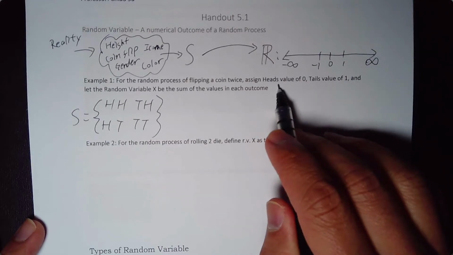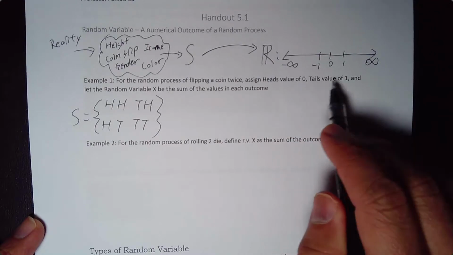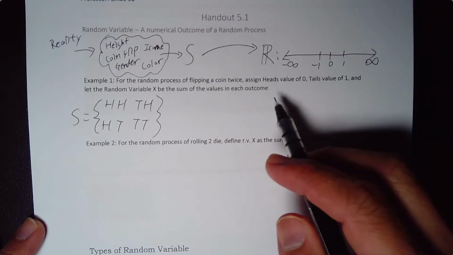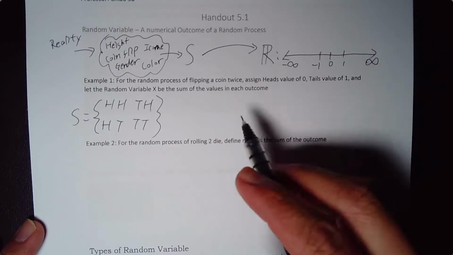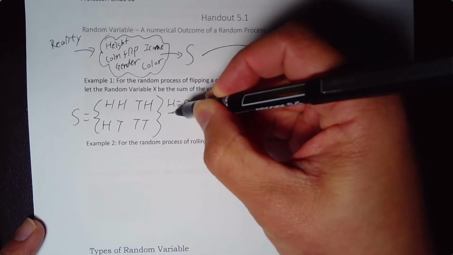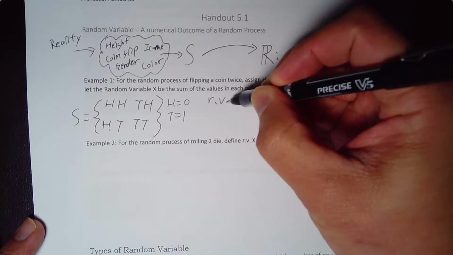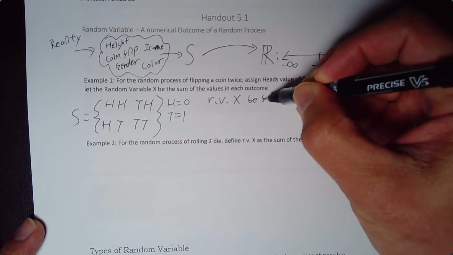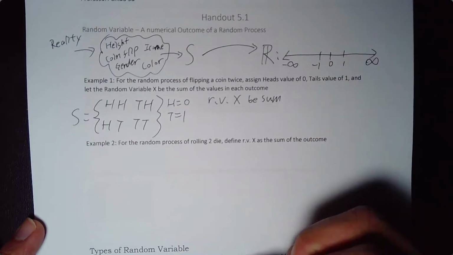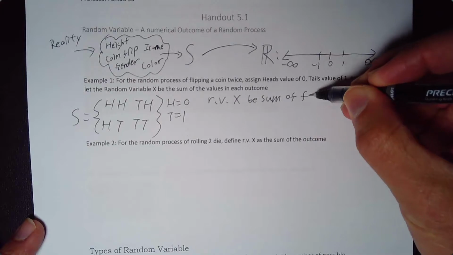There's no science here to tell us that a head has to be 0 and a tail has to be 1. This is simply a choice. So I'm going to say heads will equal 0, tails will equal 1, and I want my random variable X to be the sum of the face of the coins.